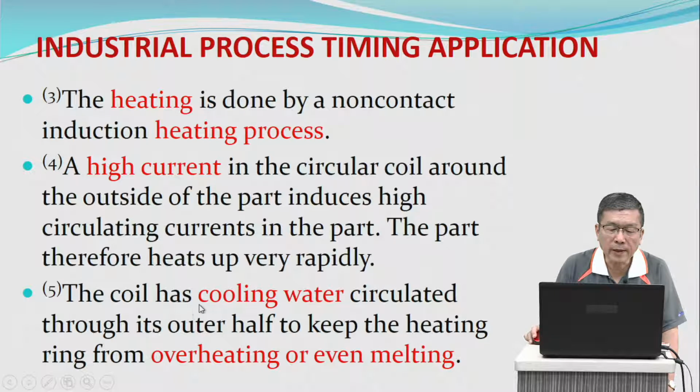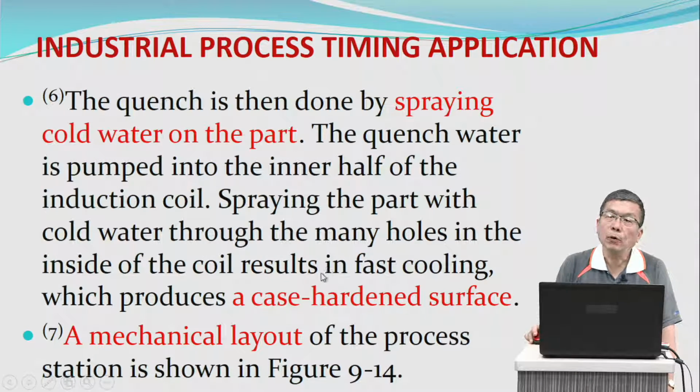The coil has cooling water circulated through its outer half to keep the heating ring from overheating or melting. The quench is then done by spraying cold water on the part. The quench water is pumped into the inner half of the induction coil.